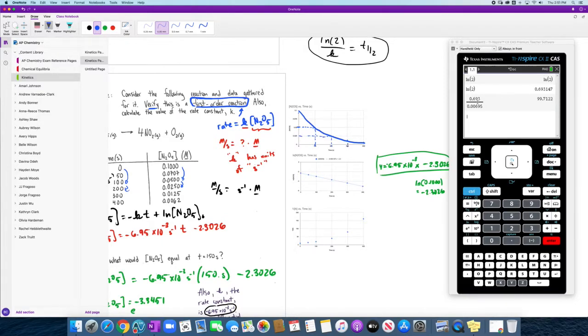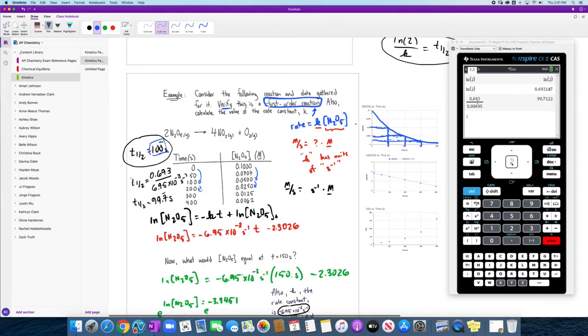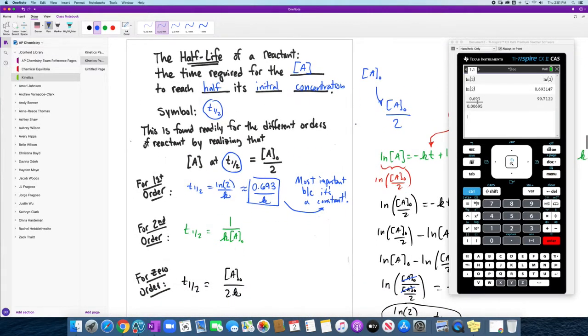After another 100 seconds, it's cut in half again. And it'll go on and on forever until it's extremely close to zero, or you're down to that last molecule or atom, and then it has to react as well. So you have a constant half-life in a first order reaction. That's really, really important to know. First order half-lives are constant half-lives.